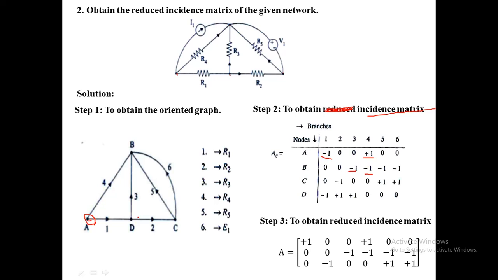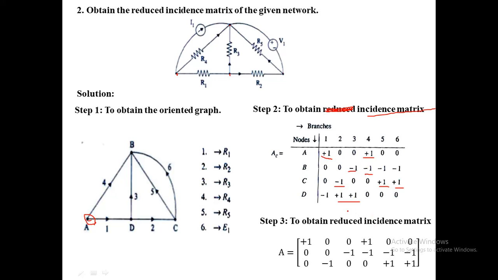Next C, here 2 is incoming, so for 2 we put -1. Then 5 is leaving, we put +1. 6 is also leaving, +1. Similarly for D, 1 is incoming, and incoming we put minus. 2 and 3 are outgoing, we put plus, remaining 0. This is the incidence matrix.